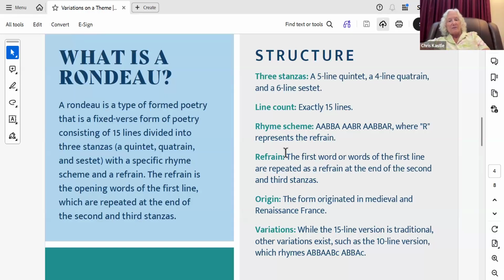Okay, so as you can see, the structure of a rondeau is fairly complex. And I just want to let you know what the structure is of the poem that I made out of this before I get to it. It's a challenge. Has anyone here ever tried to write a poem in this form?